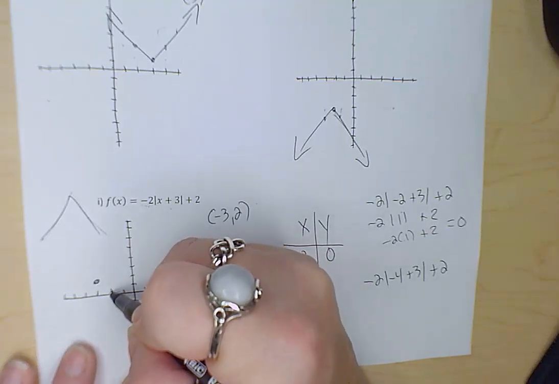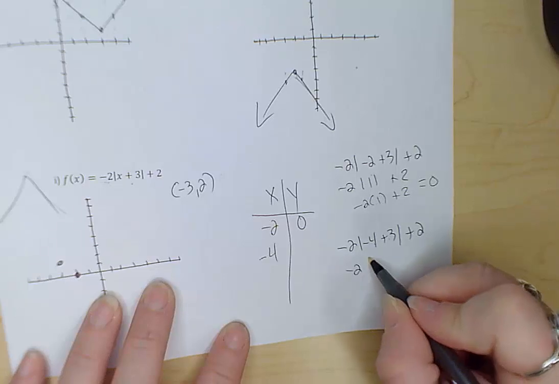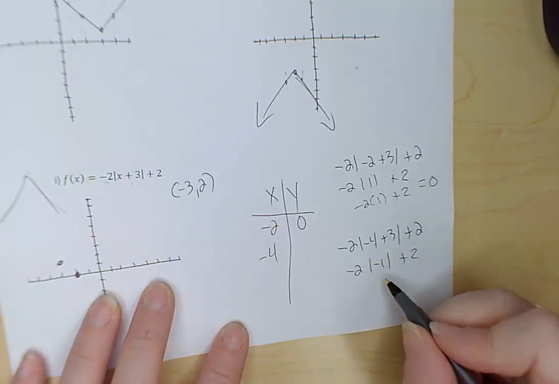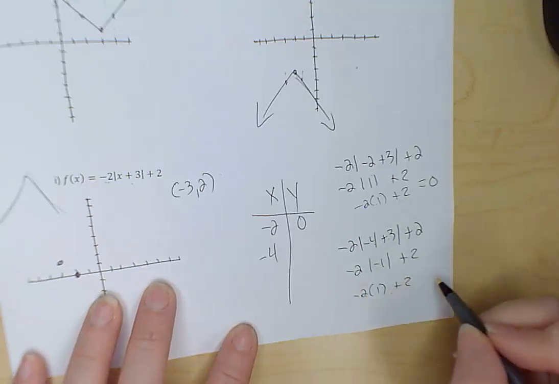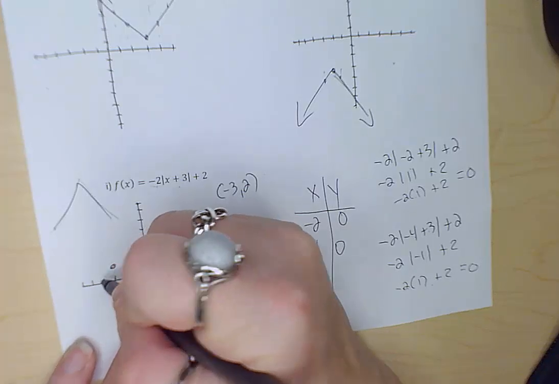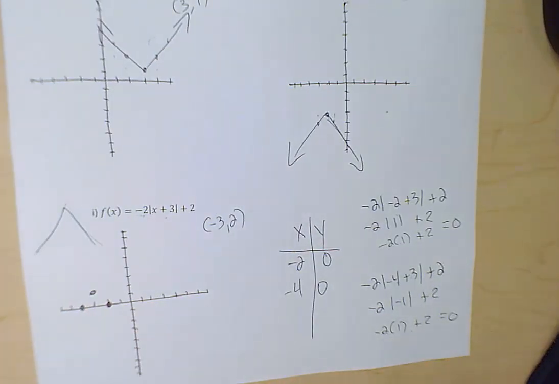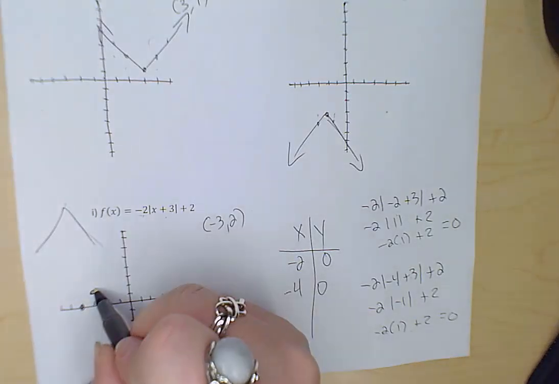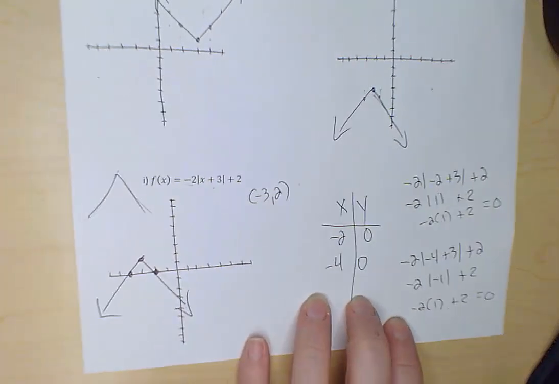So that is a negative 2, 0 right over here. Negative 4 plus 3 is a negative 1 here. Well, absolute value of a negative 1 is a 1, leaving us with negative 2 plus 2, which once again is a 0. So we're getting a 0 on either side here. So absolute value, just like the quadratic function, is symmetrical on each side. And that is what that sketch would look like.